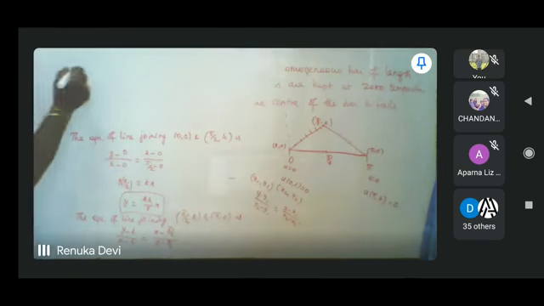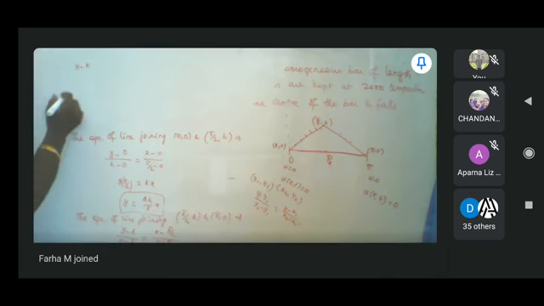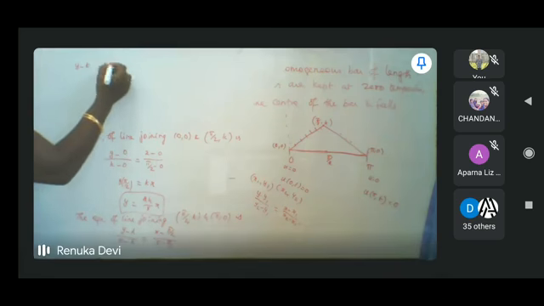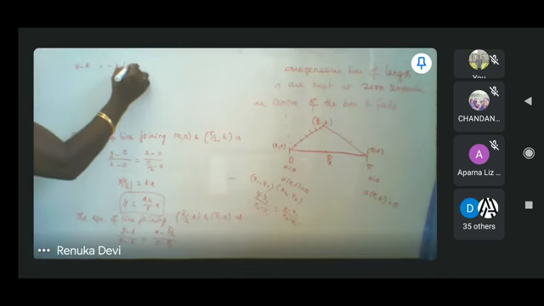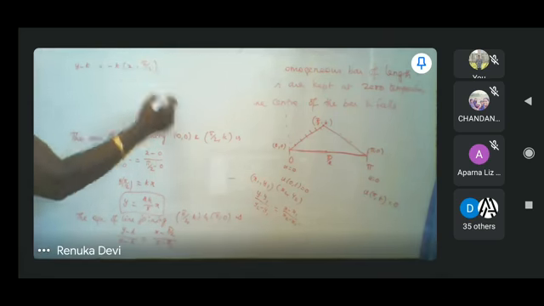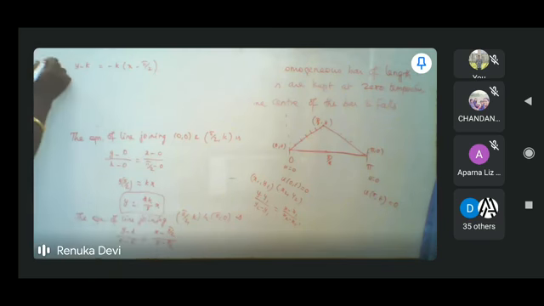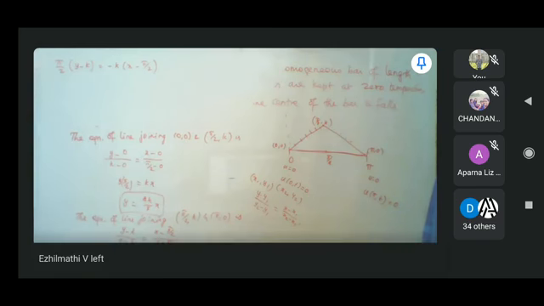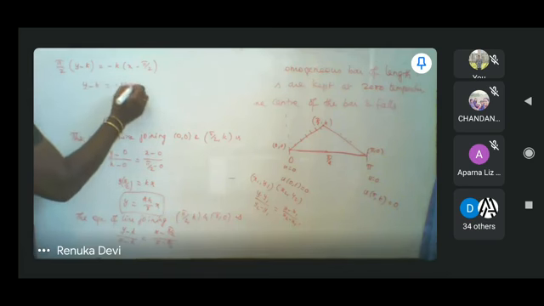So y minus k equal to minus k into x minus pi by 2, and pi minus pi by 2 is pi by 2. I bring this pi by 2 here.